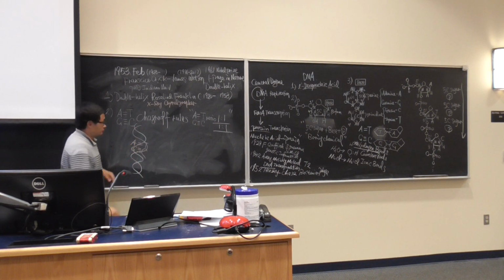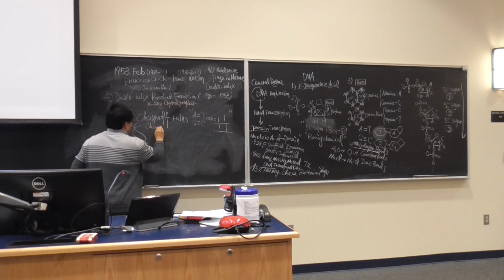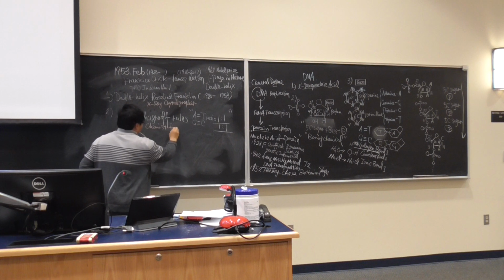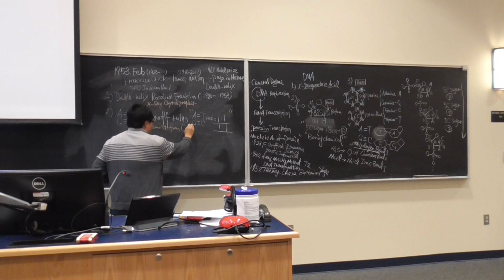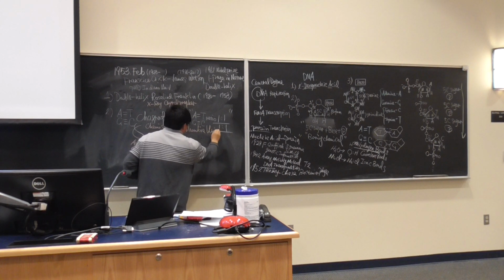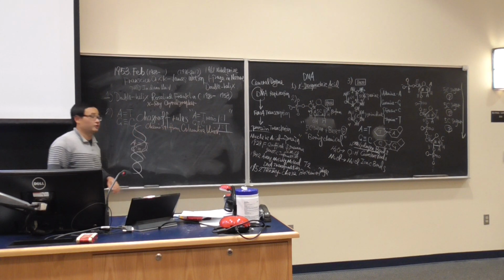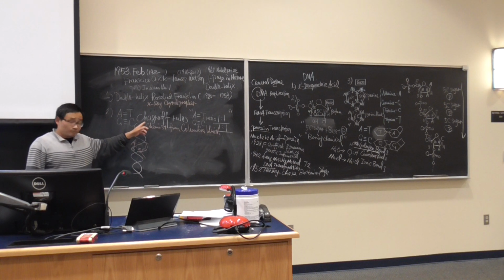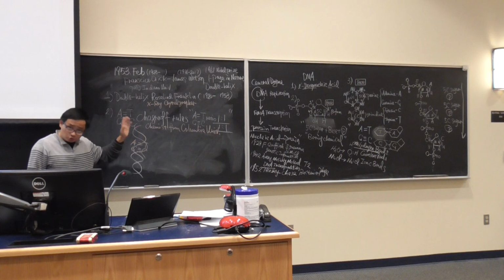Now, Chargaff is a chemist from Columbia University. Later on, he also won the Nobel Prize for other things. By that time he knew A and T, G and C, but he never figured out the structure.